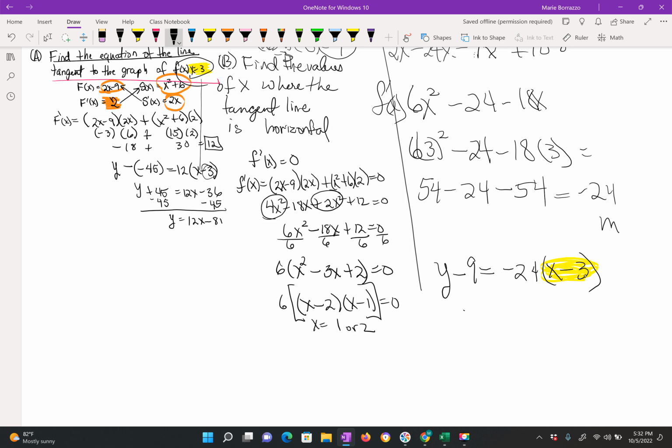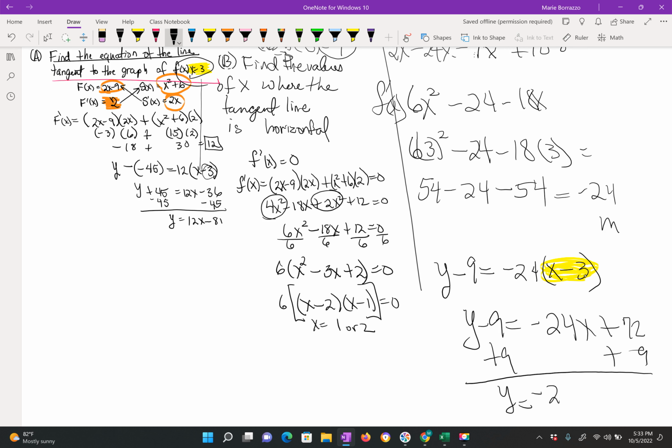You get y minus 9 is equal to negative 24x, and then what do you get here? 24 times 3 is plus 72, so then add the 9 and bring it over. You should have a final answer of y equals negative 24x plus 81.